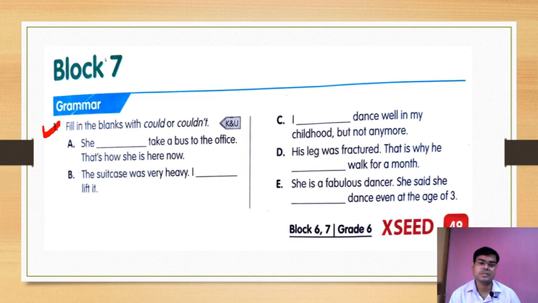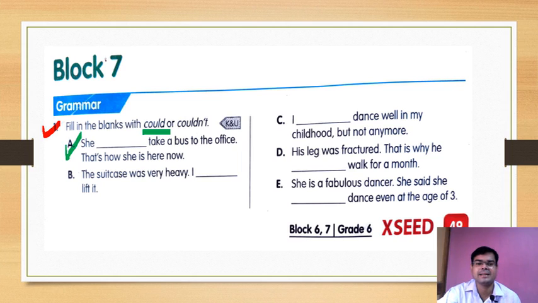So which one is correct according to you? Sentence is positive, so there is no need to make something negative. So simply you can use this could. She could take a bus to the office, that's how she is here now.